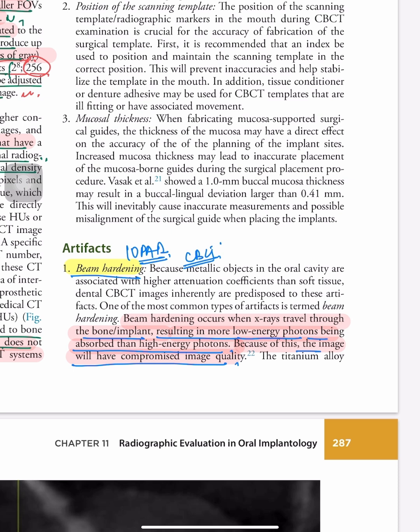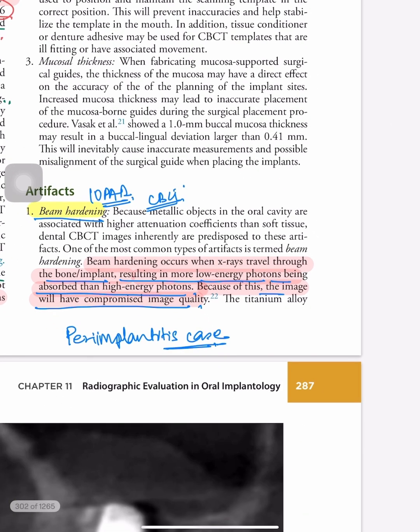Suppose you are evaluating a peri-implantitis case. In that case, it might happen that due to the titanium absorbing a higher number of low energy photons, there would be radiolucency around the bone-implant interface, and that might give you a false interpretation of peri-implantitis.